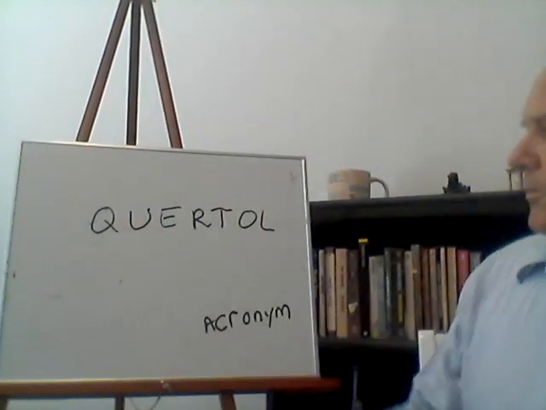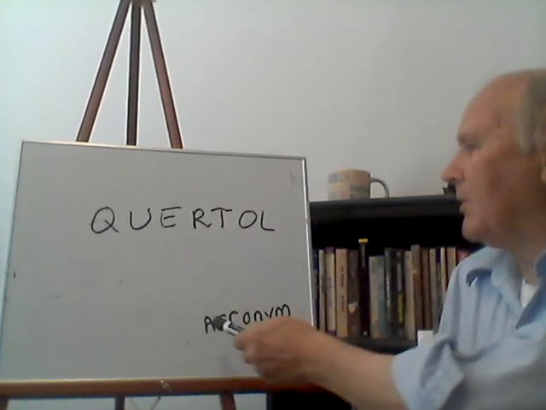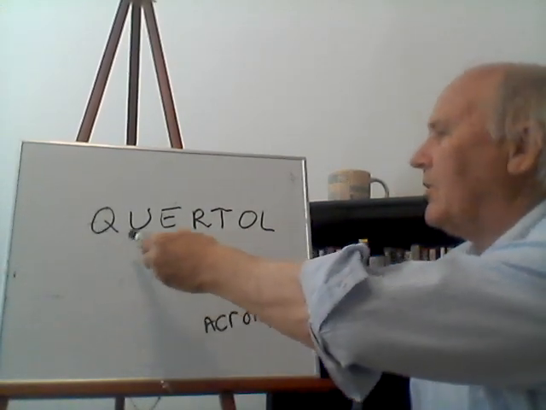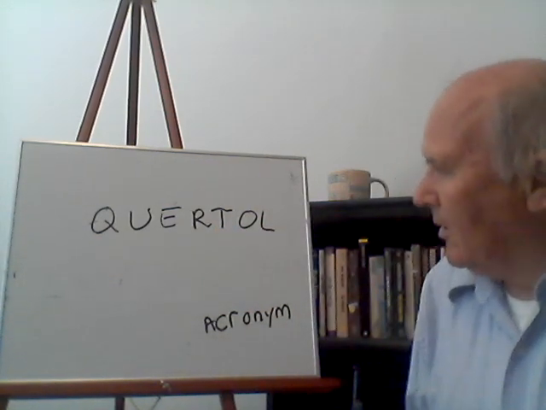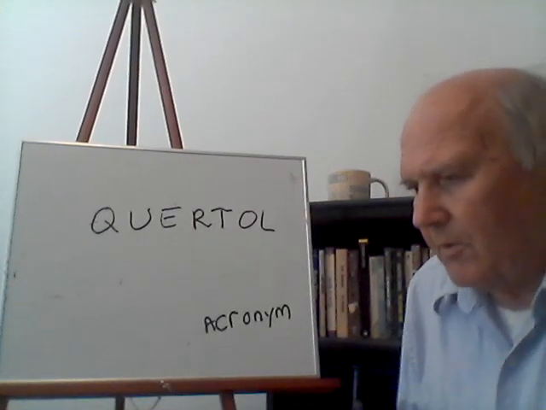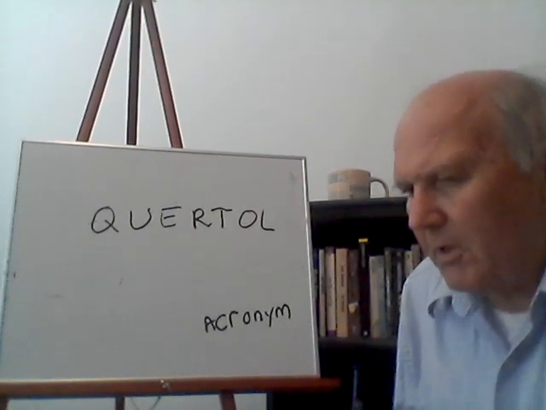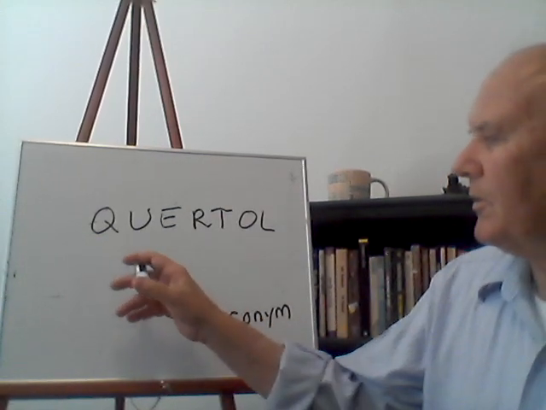I wrote this word on the whiteboard. It's an acronym. An acronym is a word where each letter of the word stands for a concept. So before I get into what each of the letters means, let me just briefly review what an argument is.